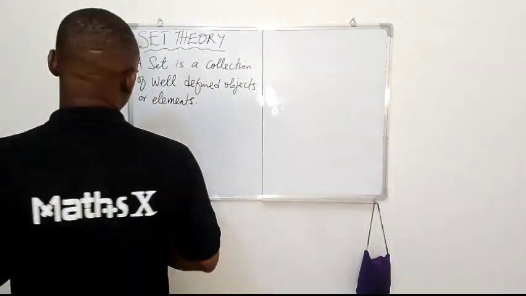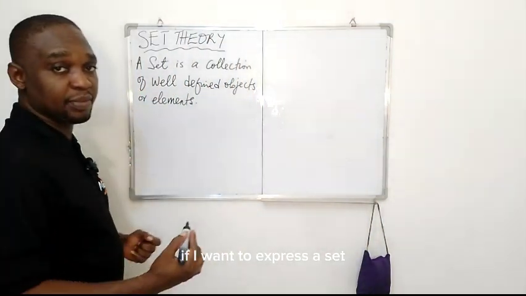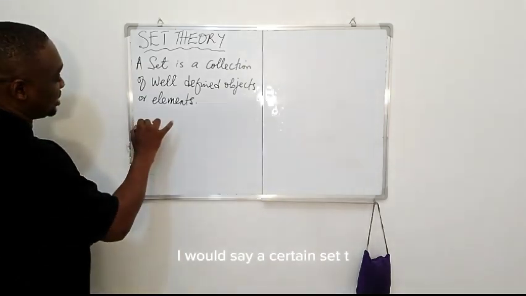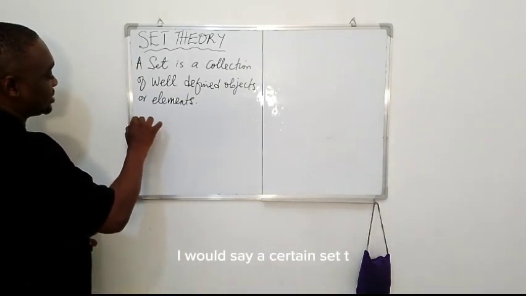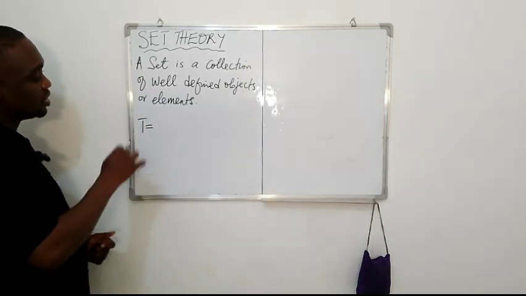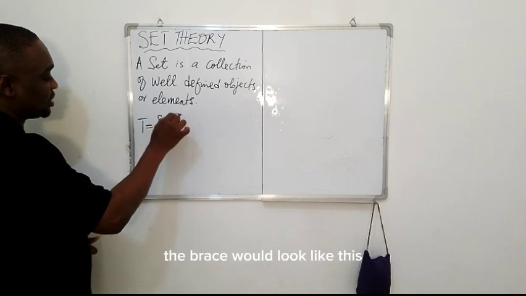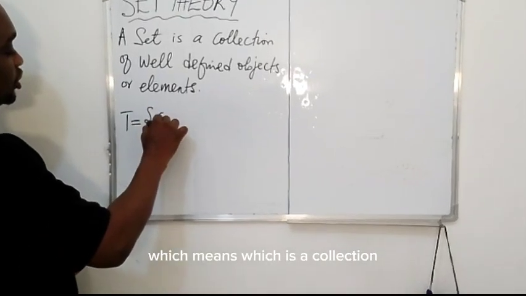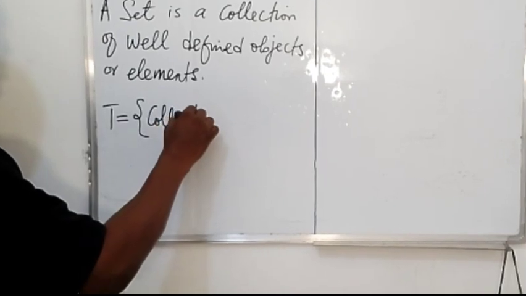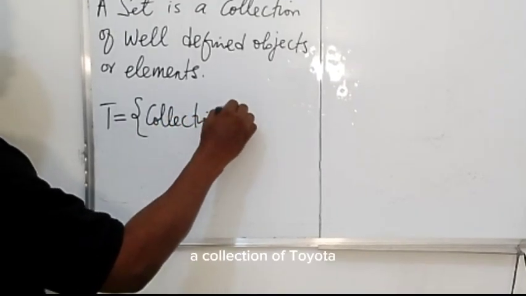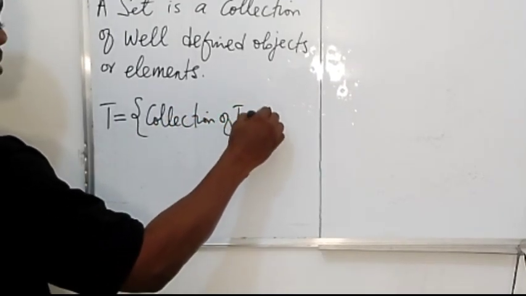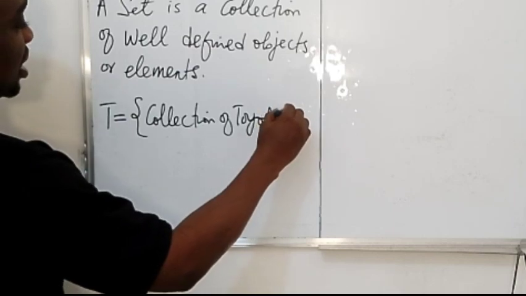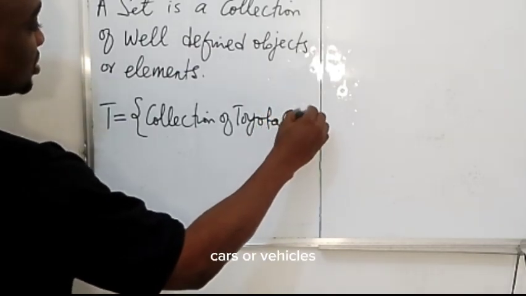For instance, if I want to express a set, my dear students and viewers, I would say a certain set T. The brace will look like this, which is a collection of Toyota cars or vehicles.